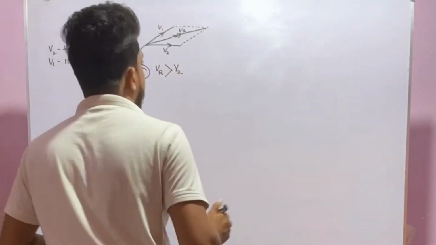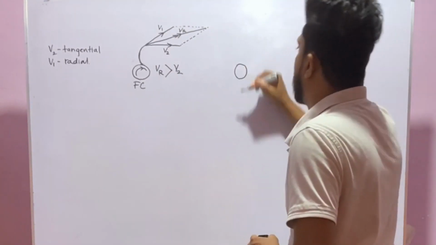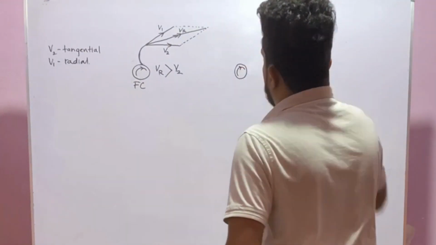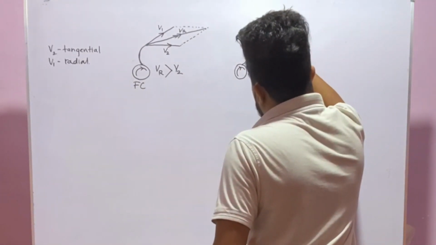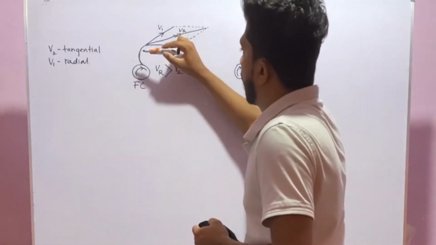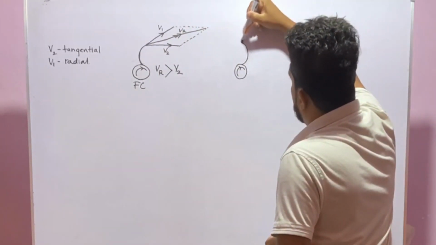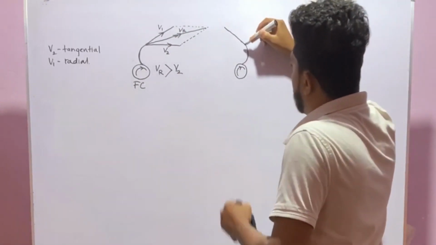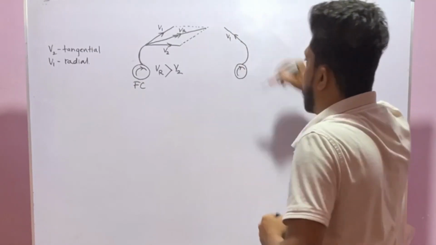Okay, then backward curve fan. Rotation is in this direction and the impeller is something like this. So the radial velocity for the forward curve fan is like this, but here, due to this curvature and centrifugal force, V1 is the radial velocity.